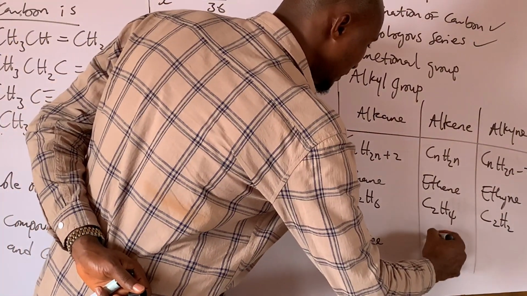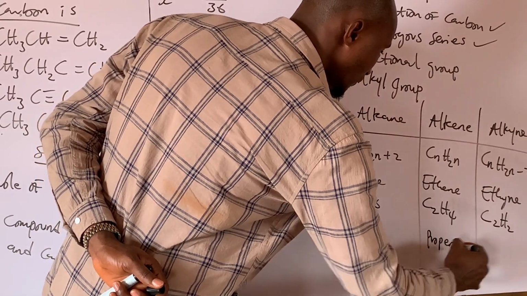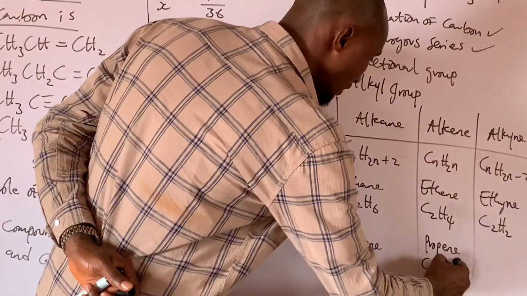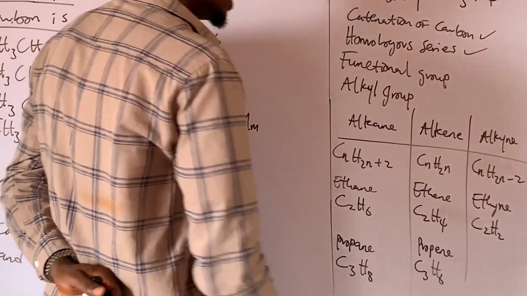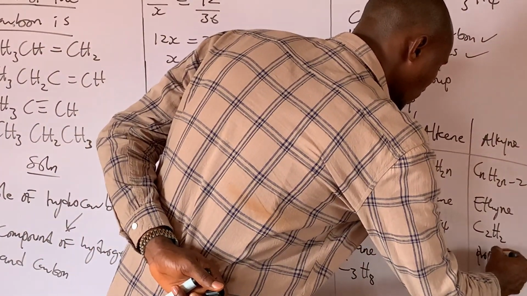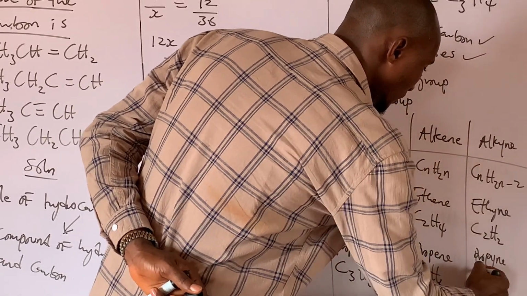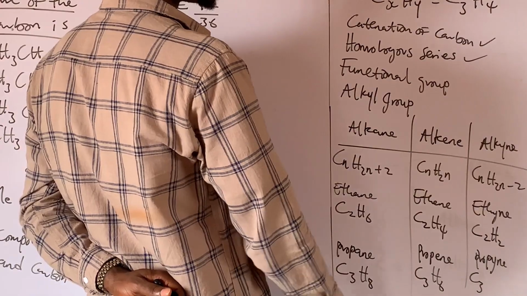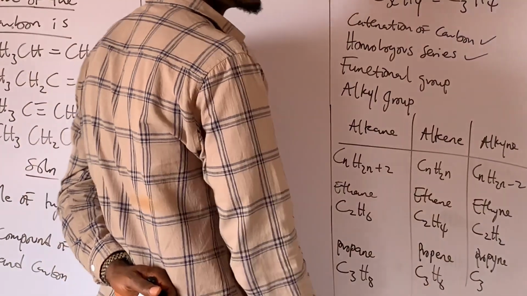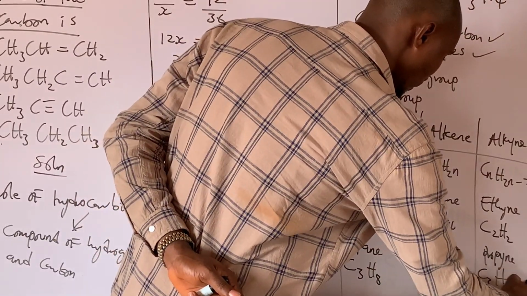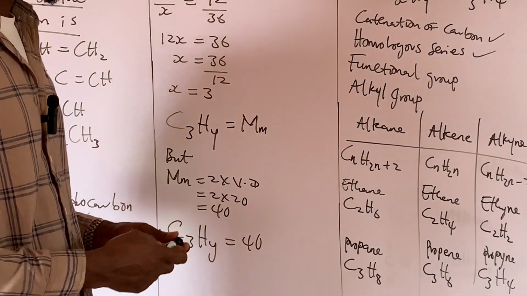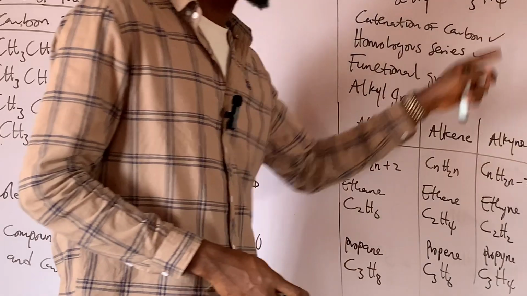Propene, C3, 2 times 3, H6. Propyne, C3, 2 times 3, 6 minus 2, H4. Are you seeing that?